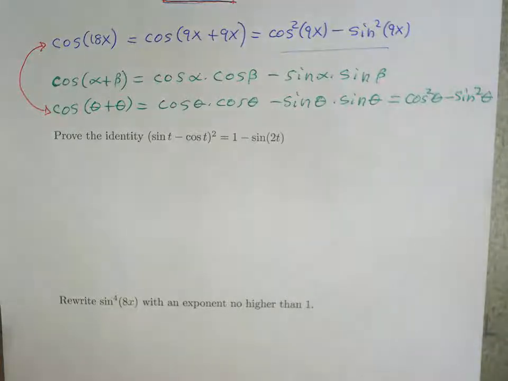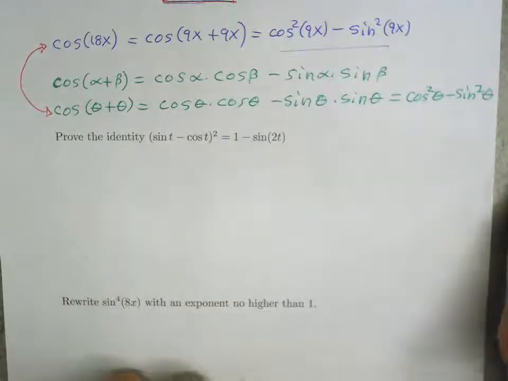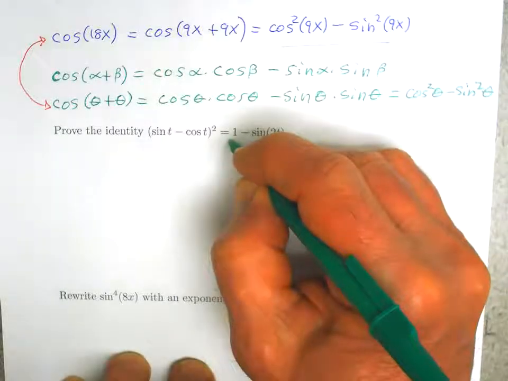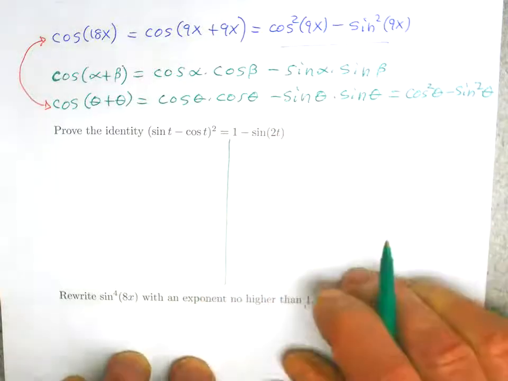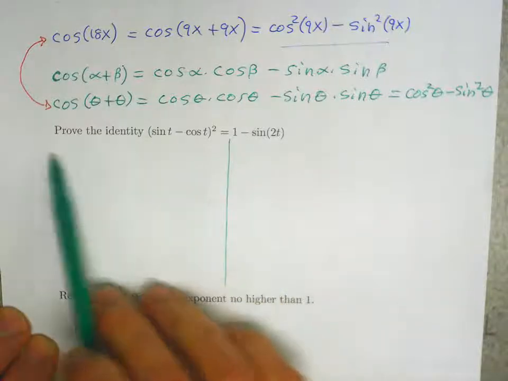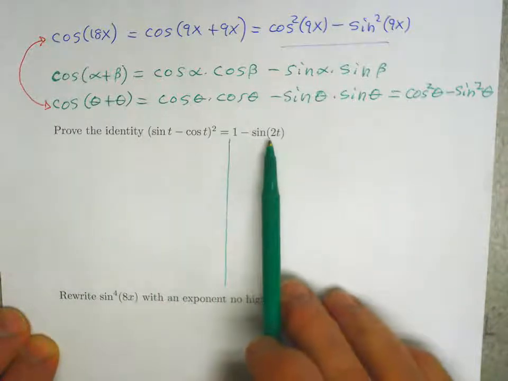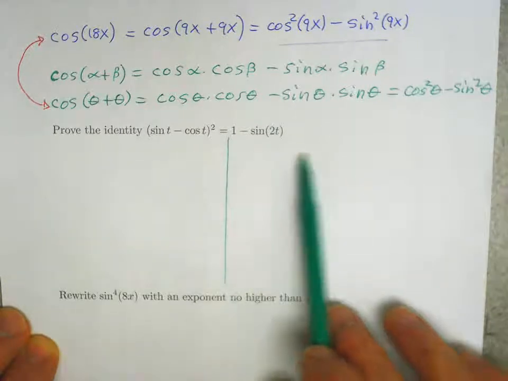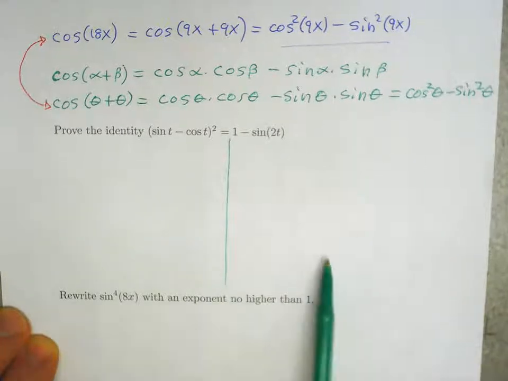So on this one, let's try something a little different. Let's do it two ways. The first way, we'll start on the left-hand side and see if we can come up with the right-hand side. And then after that, we'll begin with the right-hand side and see if we can come up with the left-hand side.